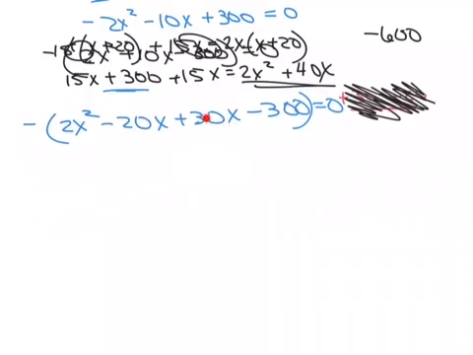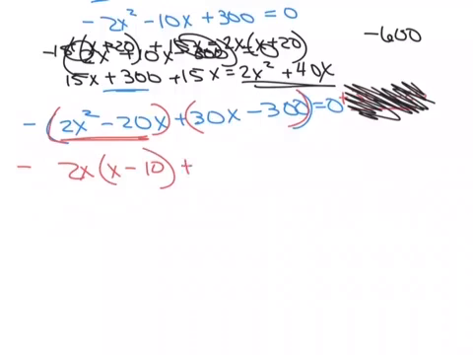I could write 30x minus 20, but then I'd have a minus here, and I don't want a minus here. I want a plus if I can. Alright, so let's group these two. What can I pull out of here? A 2 and an x, and I'm left with an x minus 10. What can I pull out of here? Gosh, I can pull out a whole 30.